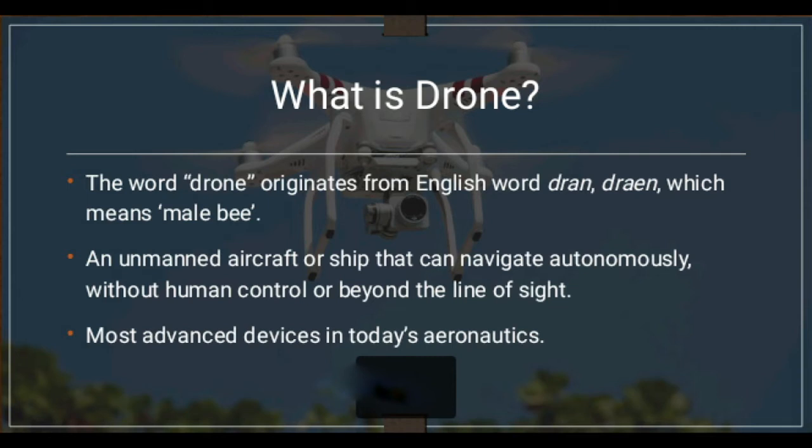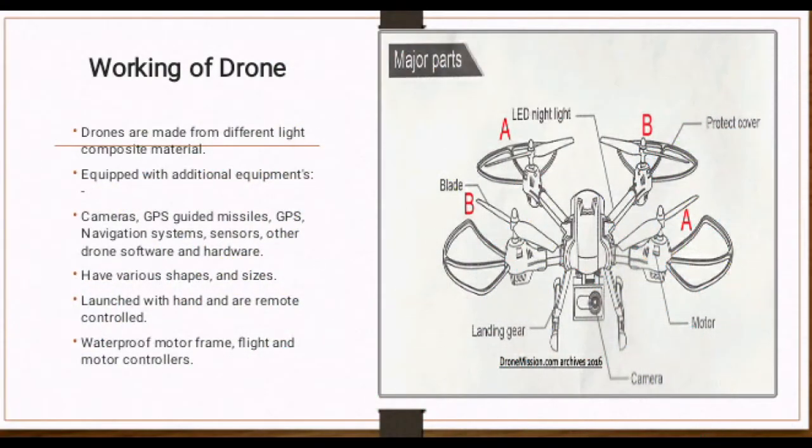One of the most used definitions for drone is an unmanned aircraft or a ship that can navigate autonomously without human control or beyond the line of sight. Another frequently used definition is that a drone is an unmanned aircraft or a ship that is guided remotely. So, moving on to the next slide.